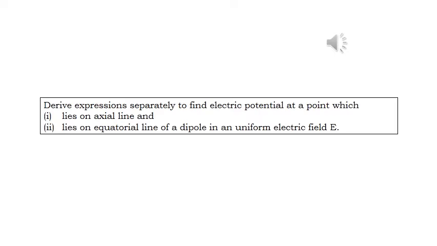Let us now derive the expressions separately to find the electric potential at a point which lies on the axial line and on the equatorial line of a dipole in a uniform electric field E. Let us see the proof.